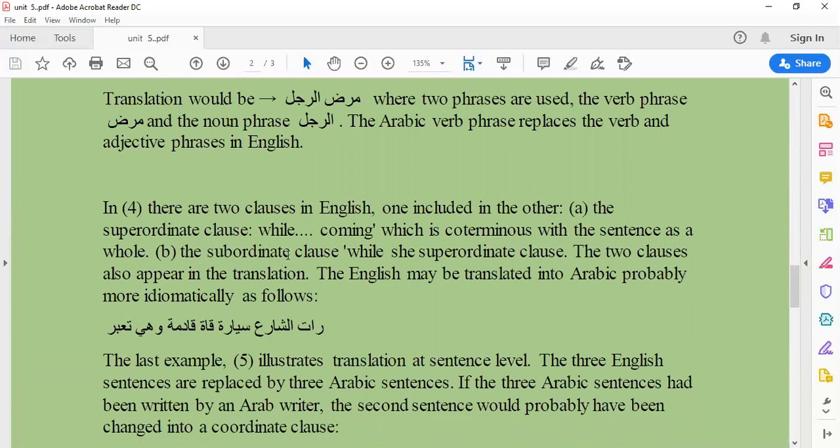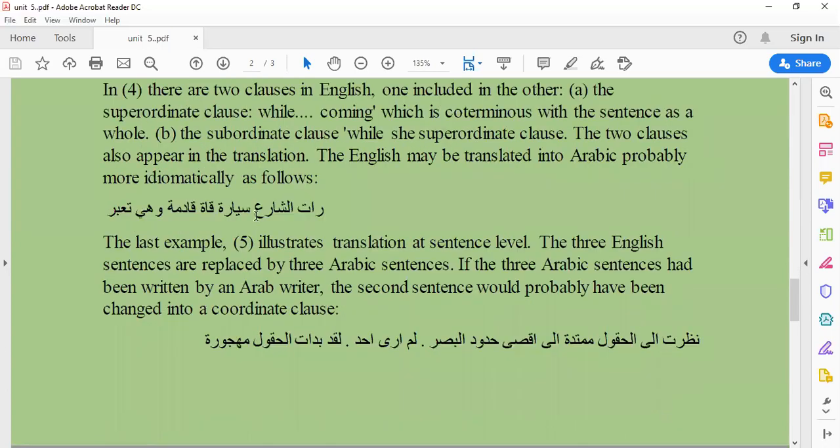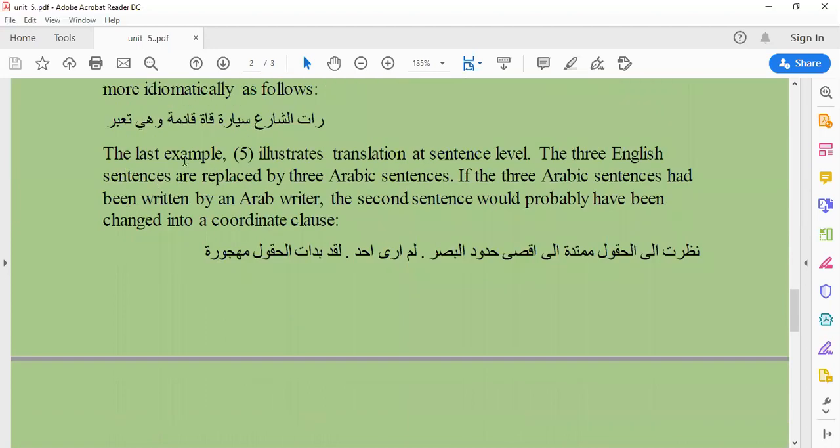The two clauses also appear in the translation. The English may be translated into Arabic, probably more idiomatically, as follows: رأت الشارع سيارة قادمة، سيارة قادمة وهي تعبر. And the last example is translation at the sentence level.